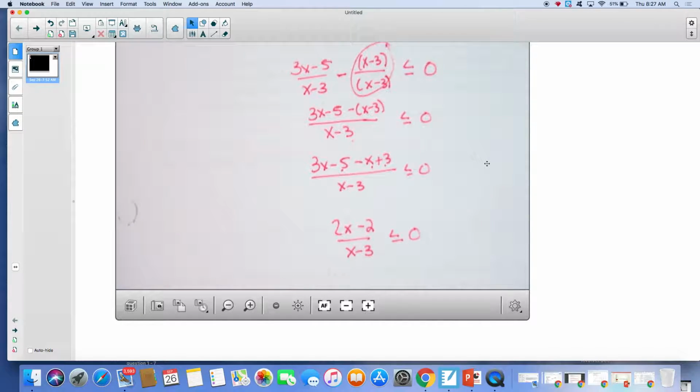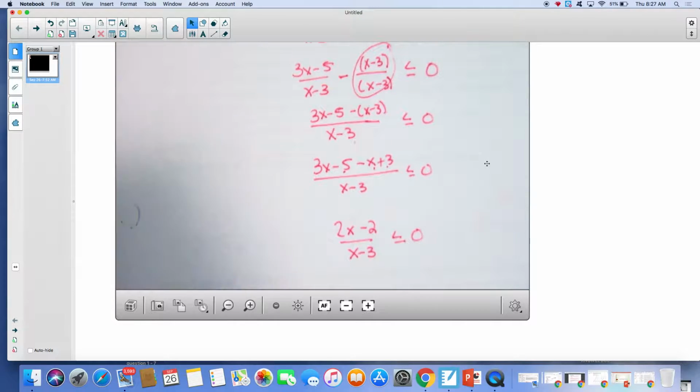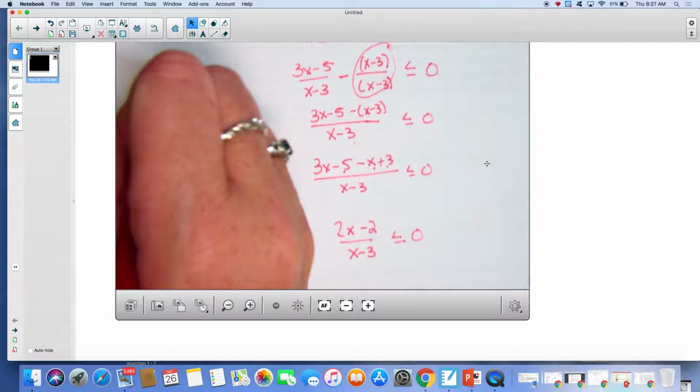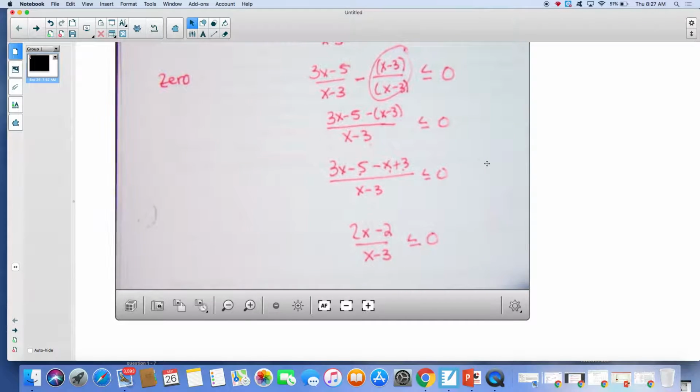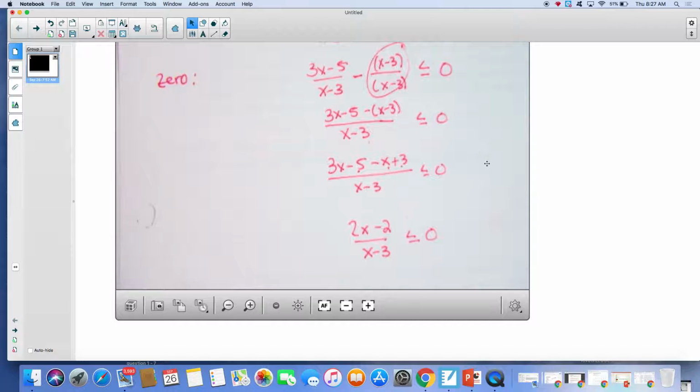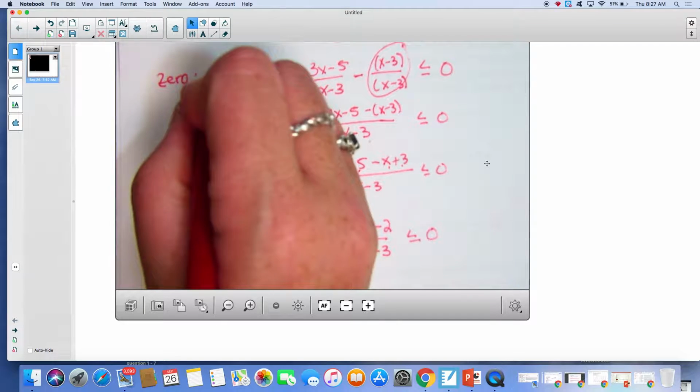All right, so now we need to find where this fraction is 0. We need to find where it's undefined. So where is it going to be 0? Zeros are found when the numerator equals 0.